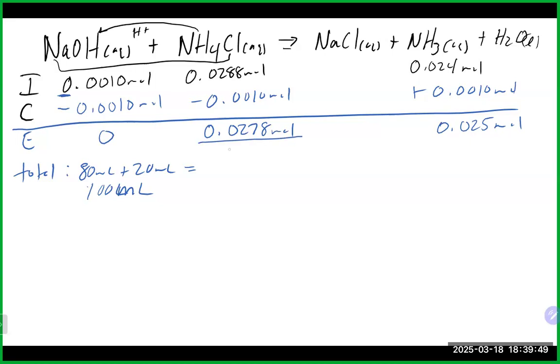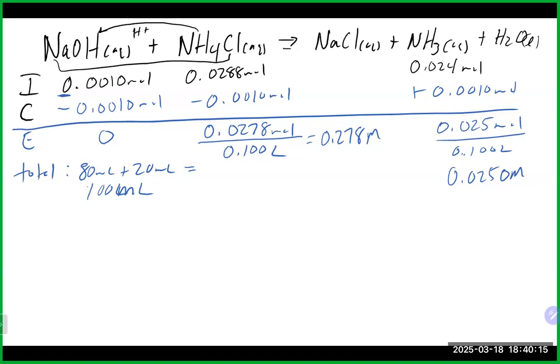So we are going to divide each of these guys by 0.1 liters to convert it back into molarity at this point. 0.0278 divided by 0.1. I'm just going to move over a little bit there. 0.278 molar and 0.025 molar on that particular one as well.